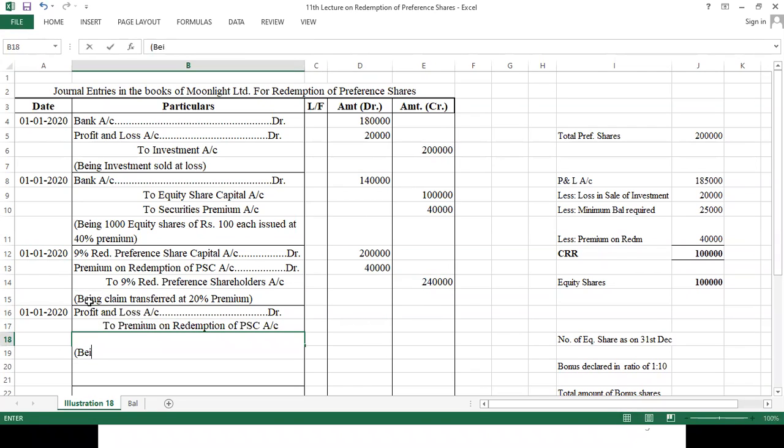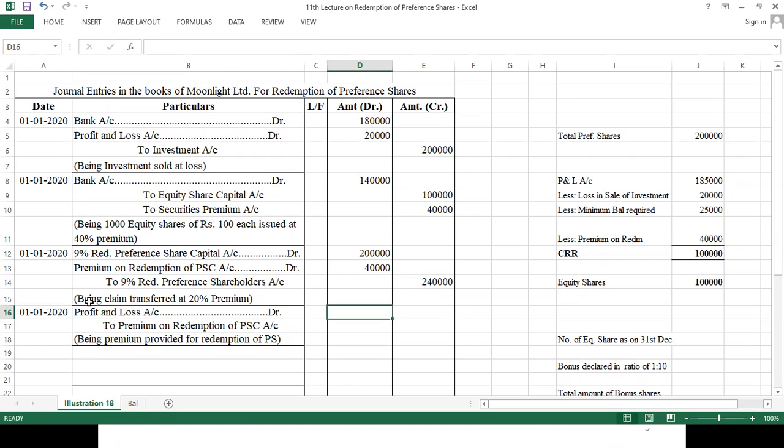We will write being premium provided for redemption of preference shares. Okay, amount is 40,000 and 40,000.